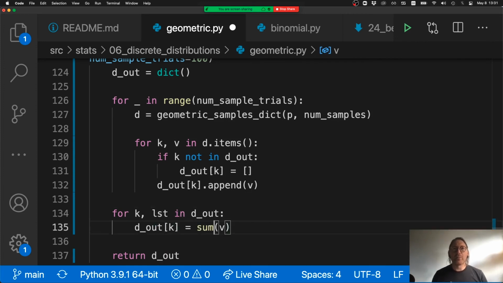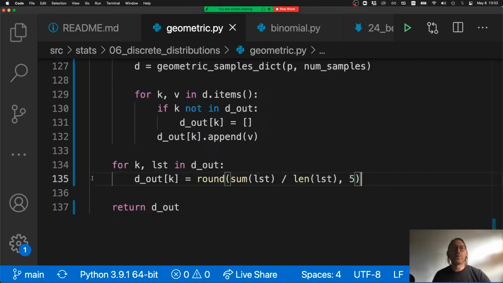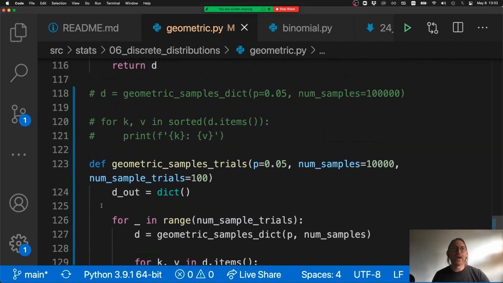Maybe just to be more clear, I'll put list. That's going to give us averages. I'm going to round this, I'll round this to 3 places, I guess. No, let's round it to 5 places. And then we can traverse this and see what's happening here.